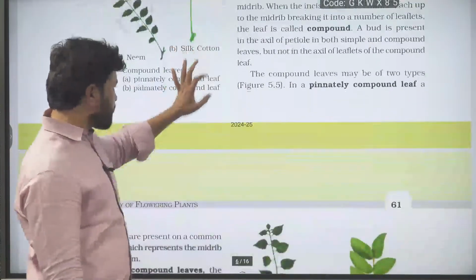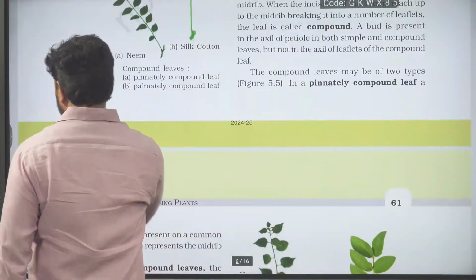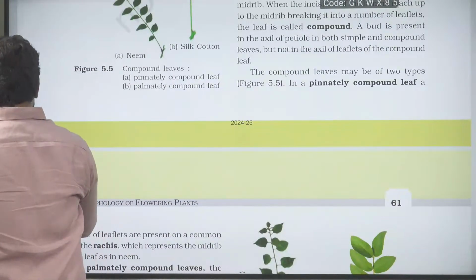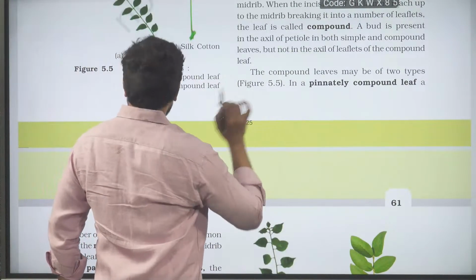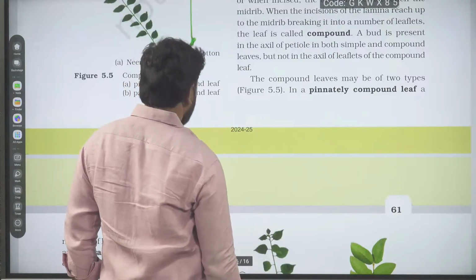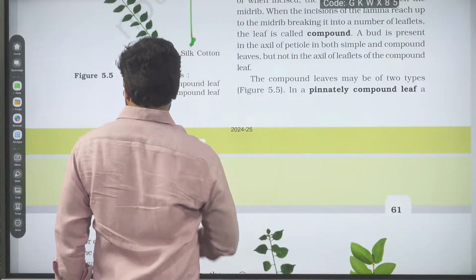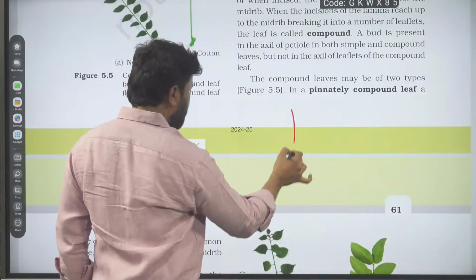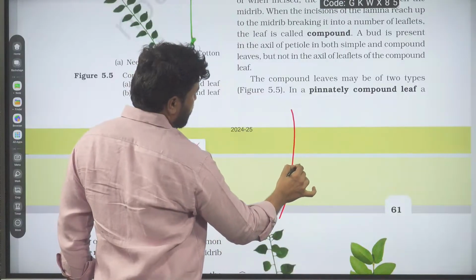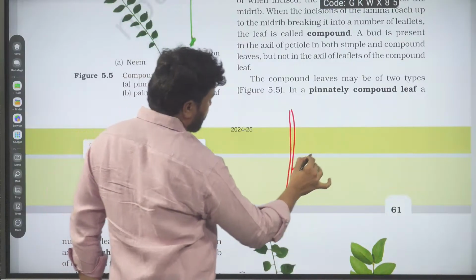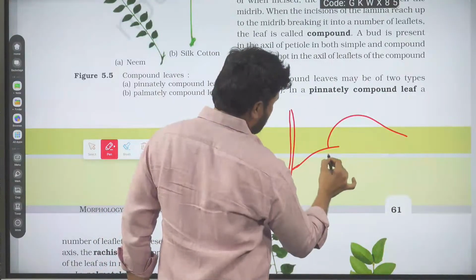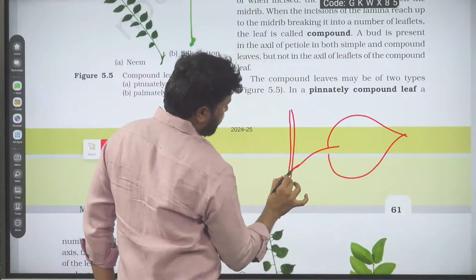Look at this. Generally, if you take a leaf, at the axil of the leaf there is a presence of an axillary bud. This is an axil of a leaf. Consider this is stem, a leaf.